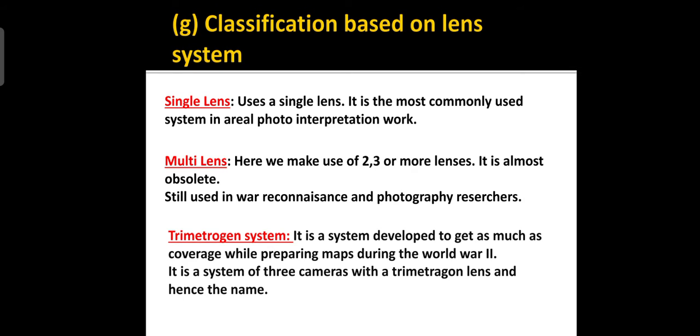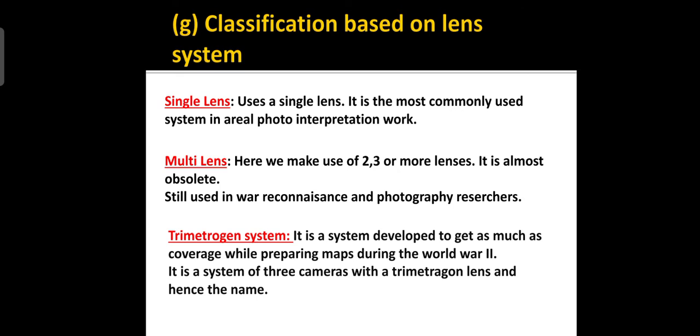Based on lens system, we have a single lens system, multi-lens system, and time-measurement system. A single lens system, as the name suggests, uses a single lens and is the commonly used lens system in aerial photography and interpretation work. In multi-lens, we make use of 2 or 3 or more images.